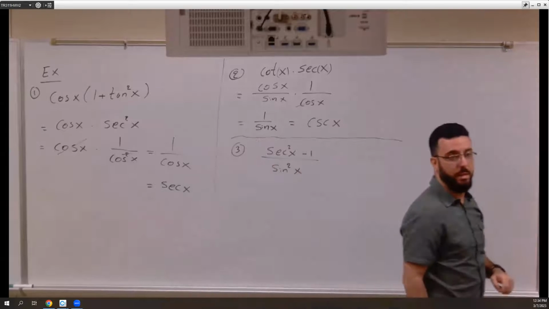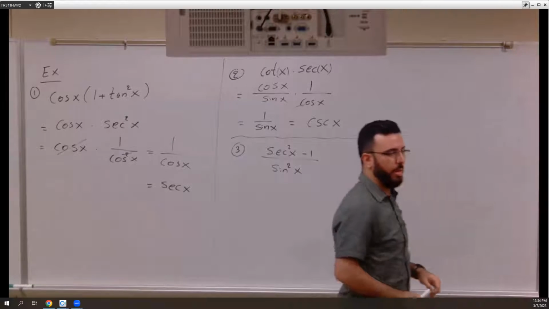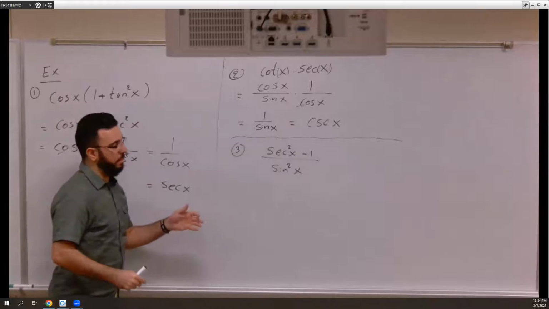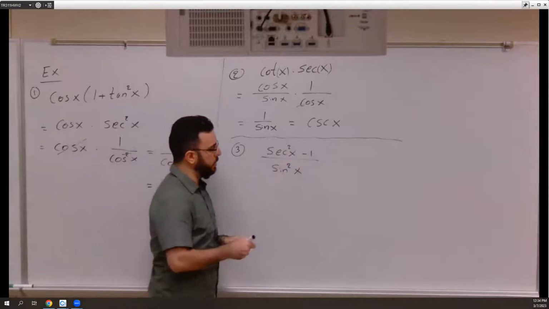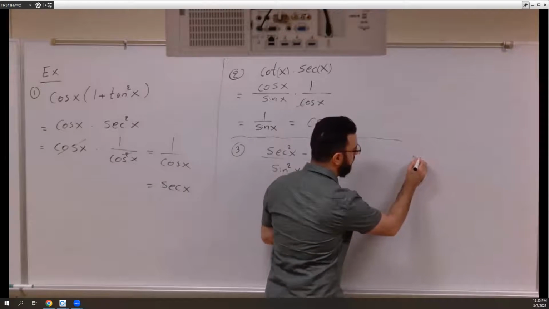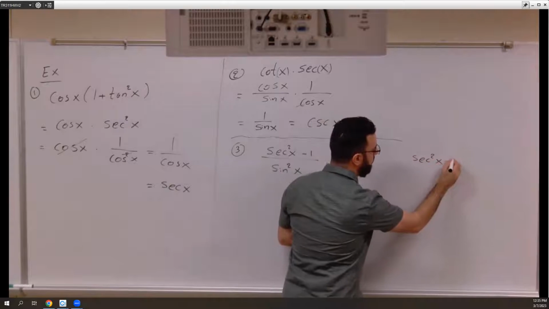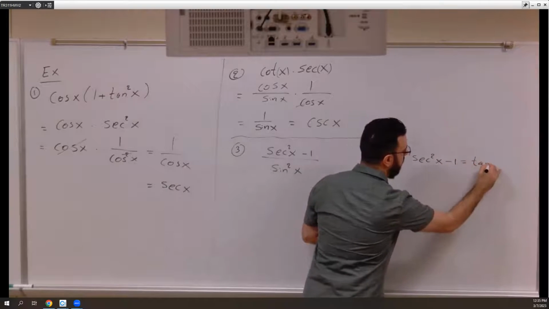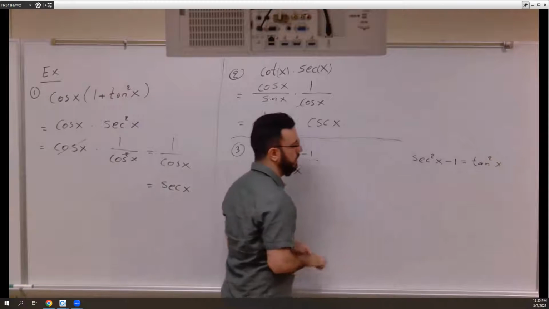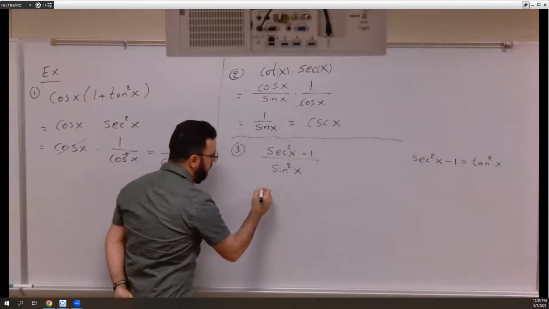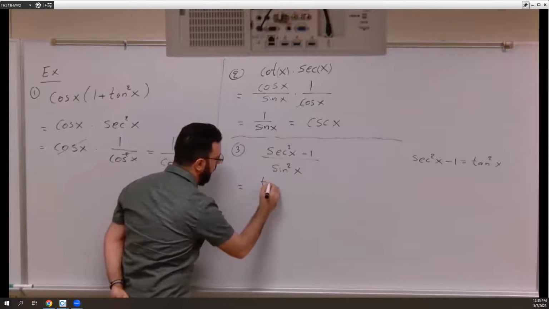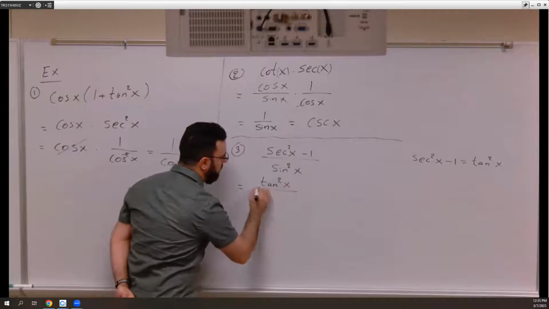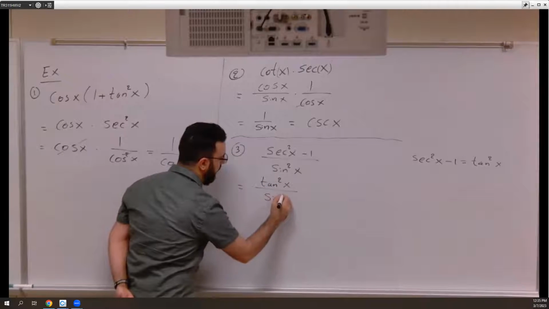There is a rule that says secant square x minus 1 equal tangent square x. So I'm going to write down on top this one equal tangent square x over sine square x.